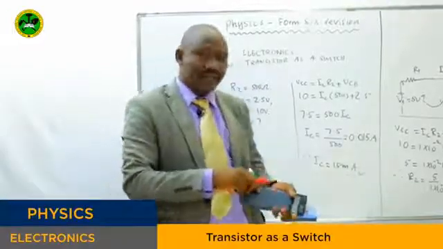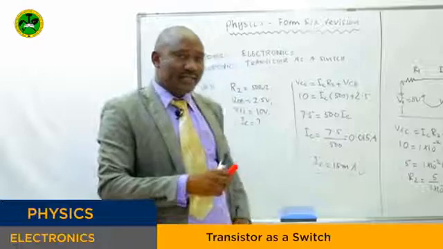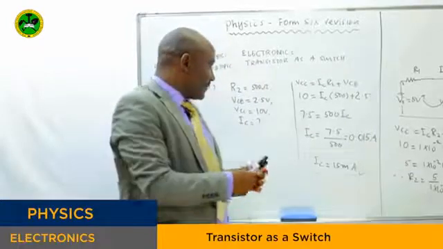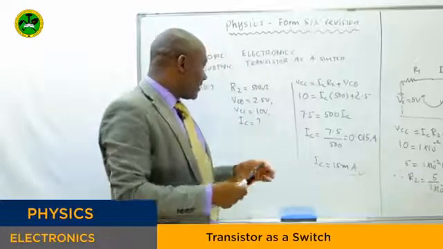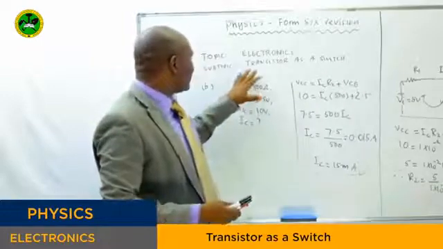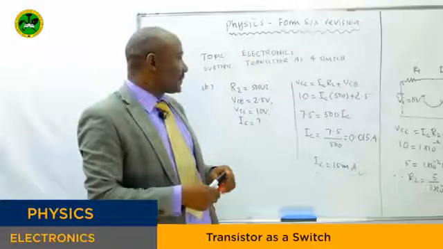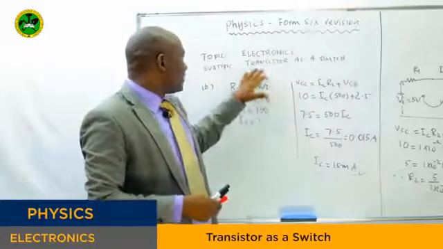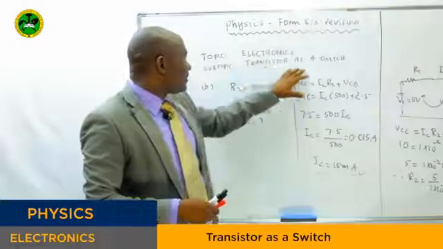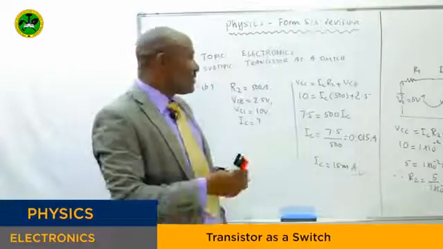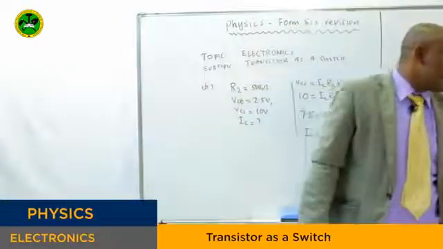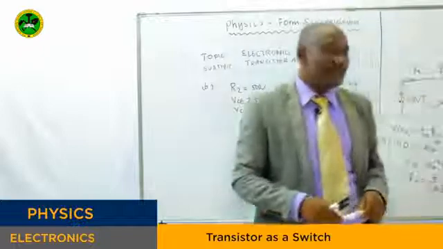Now, in our today's discussion, we're going to discuss the subtopic known as transistor as a switch. But before we talk about the switch, we are supposed to discuss the saturation and the cutoff state of a transistor.